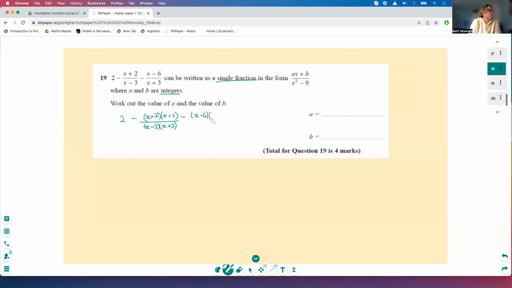I'm timesing the second one by x minus 3 over x minus 3. Now, I also want that 2 to be a fraction, so I'm going to times that all by x minus 3, x plus 3.